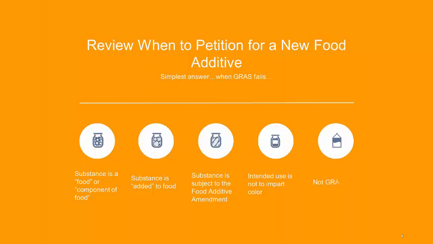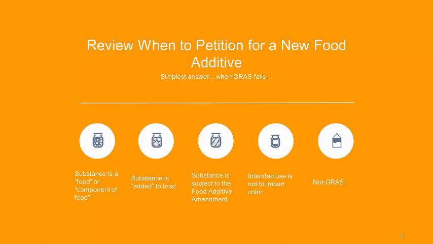And also, we're looking at food additive petitions in particular because we're not in the generally recognized as safe category. That gratuitous exemption, where you fall under the food additive amendment unless you're generally recognized as safe, you're immediately taken out of it. And we talked about the reasons that you could be generally recognized as safe.